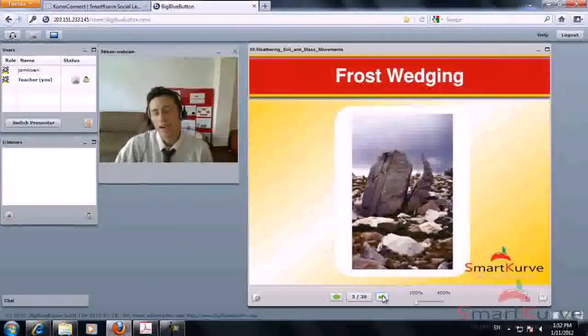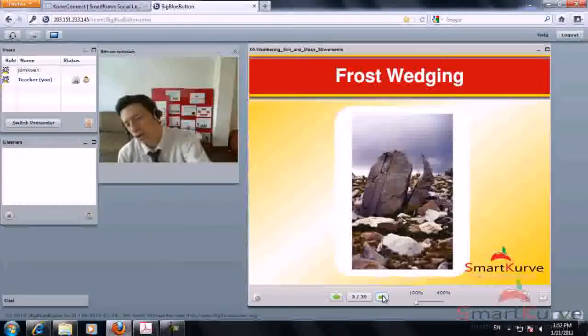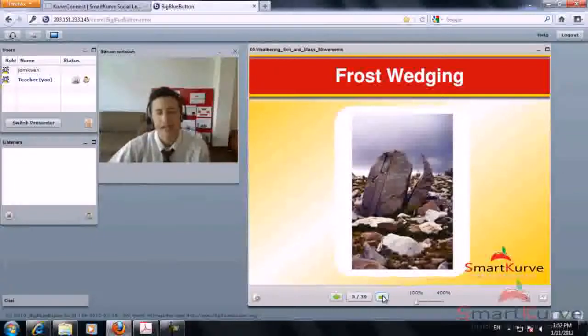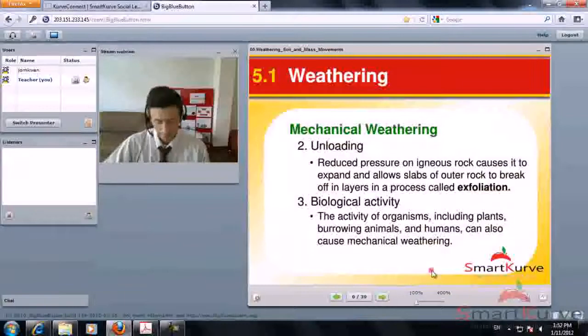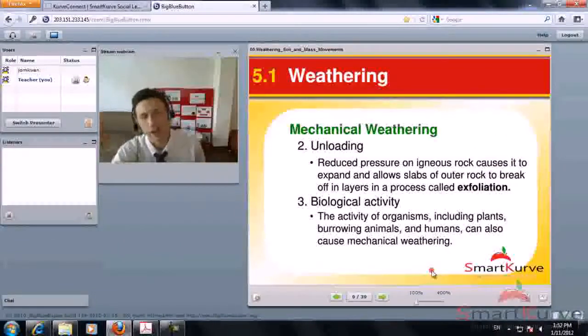You can see a good example of this on slide 5. That rock has been broken apart because water trickled down into that space, maybe a tiny crack in the rock, and then froze and expanded and broke the rock into two pieces. So, frost wedging is our number one method of mechanical weathering.